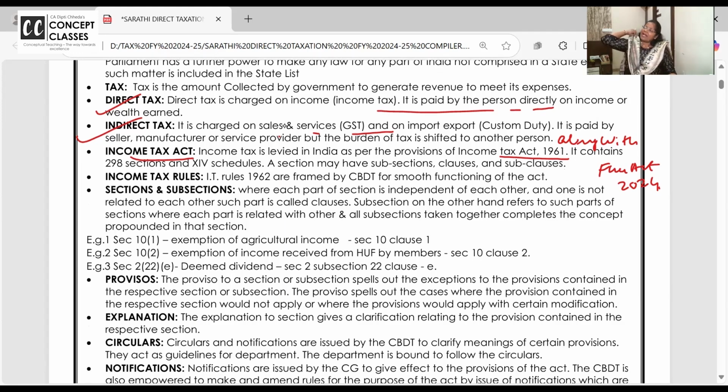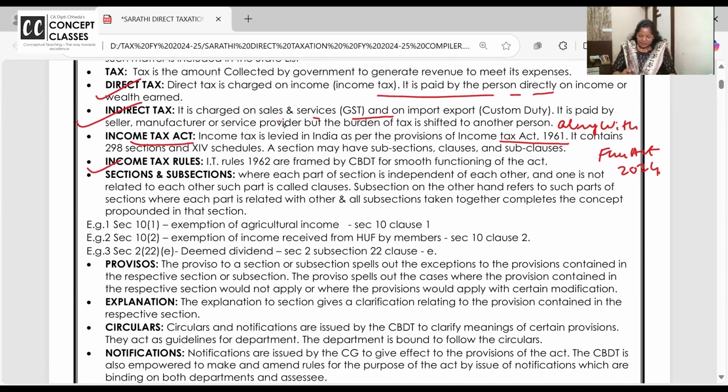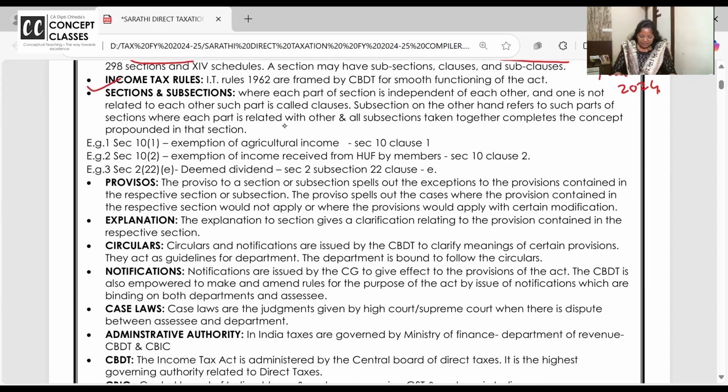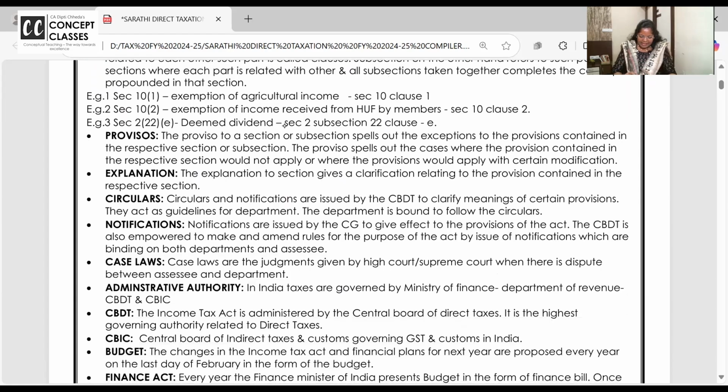To support the Act, there are rules, income tax rules, sections, subsections, provisos. We did all this yesterday. Okay. Anyone in the class, circular is applicable to whom? Department. Very good. Department, for their internal clarifications. Notification is applicable to whom?